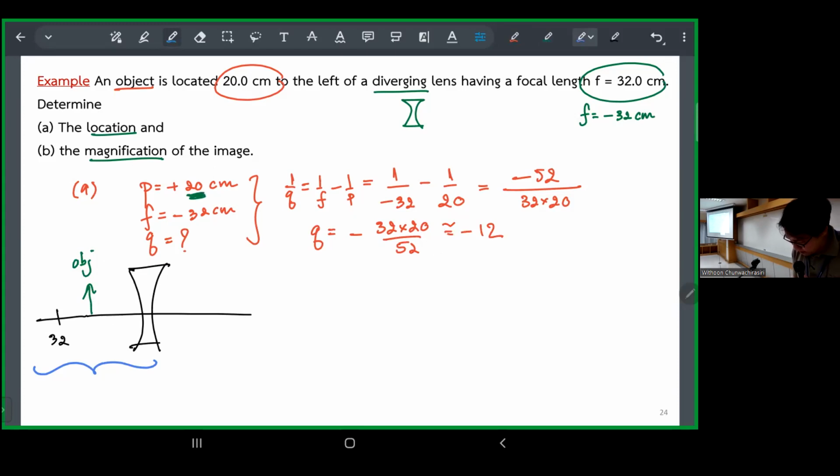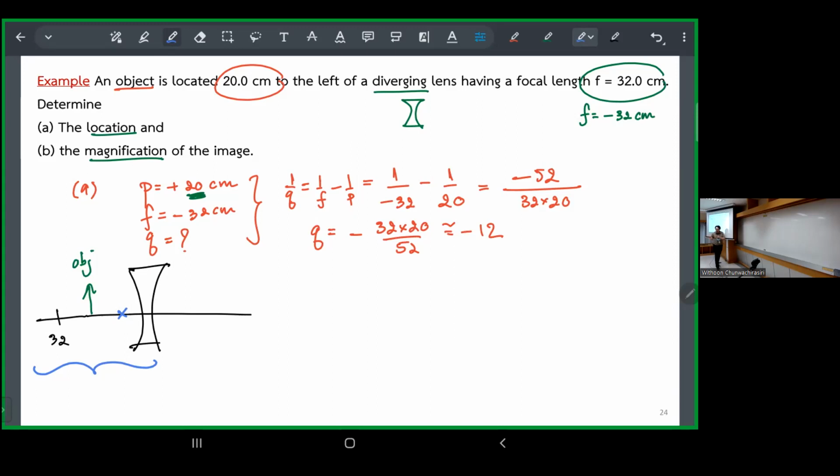That means your image is supposed to show up somewhere here at the X location. One more time, your object distance is positive in front of the lens. Once you get Q negative, it means it's still in the front. It's a virtual one, and the distance is only 12, pretty close right here.